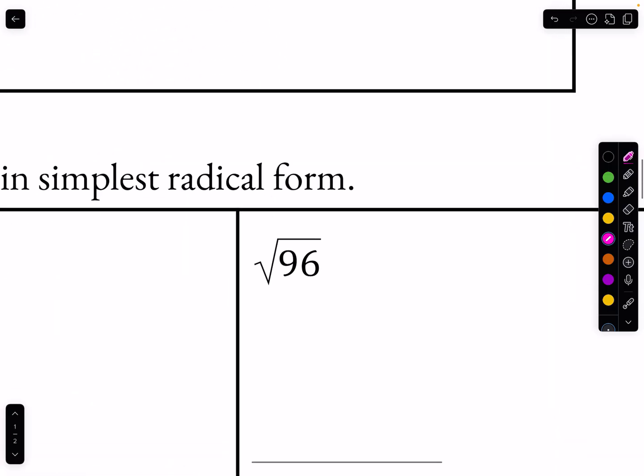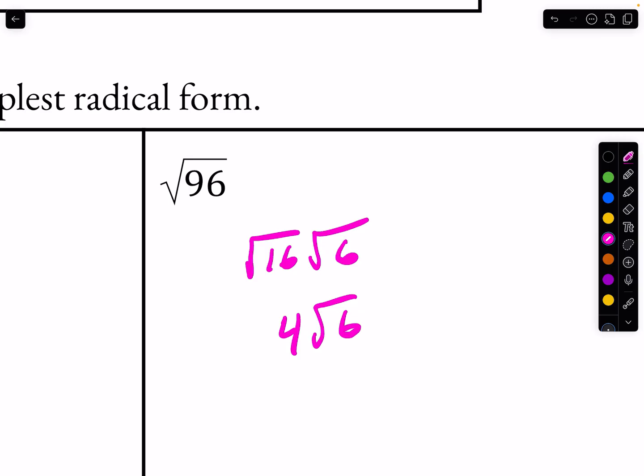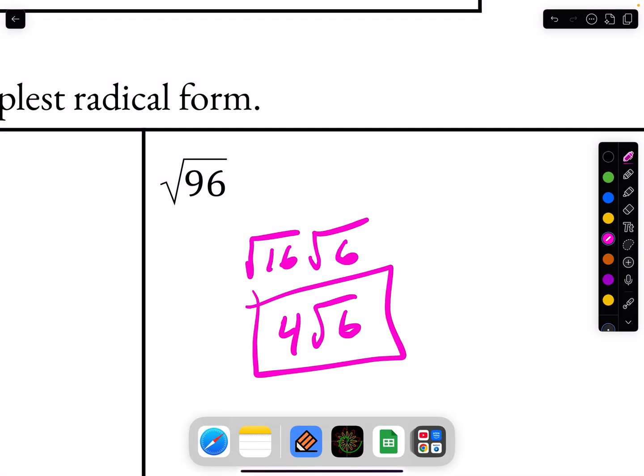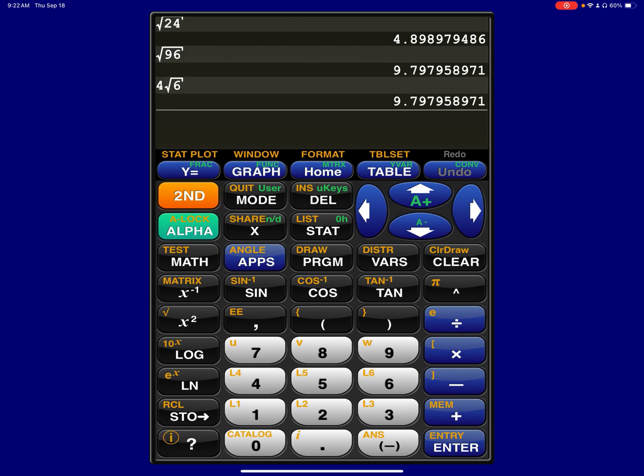I would break this down to the square root of 16 times the square root of 6, and the square root of 16 is 4, so 4 radical 6. You can see in your calculator, if I type the square root of 96, I get the same exact number as when I type 4 radical 6, because they are equivalent.